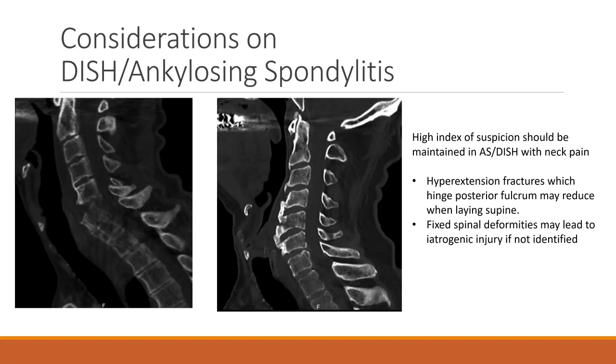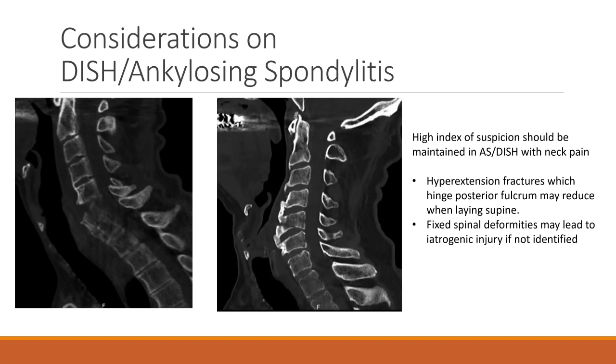They generally can hinge on the posterior fulcrum, which may reduce easily while lying supine. And those patients with fixed deformities may also develop an iatrogenic injury when placed in a cervical collar, if the injury is not initially identified or the fixed deformity is not appreciated.